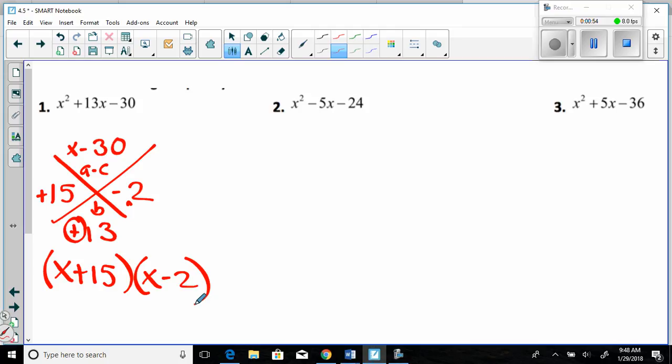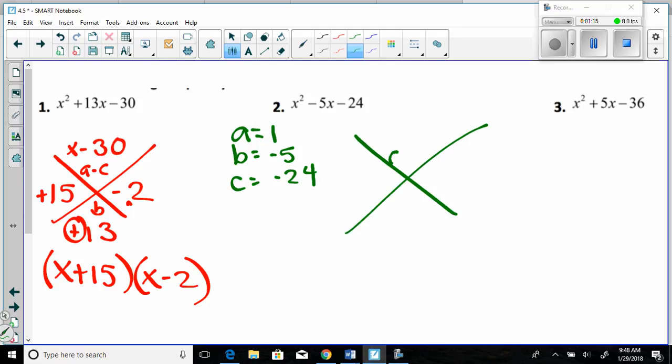All right, which one did you do, the top three or the next row? Two? Okay, tell me how to do that one. So I first saw which one was A, B, and C. A is 1, B is negative 5, C is negative 24, and then I'm going to do X. A times C is negative 24, B is negative 5, and the factors are negative 8 and 3.